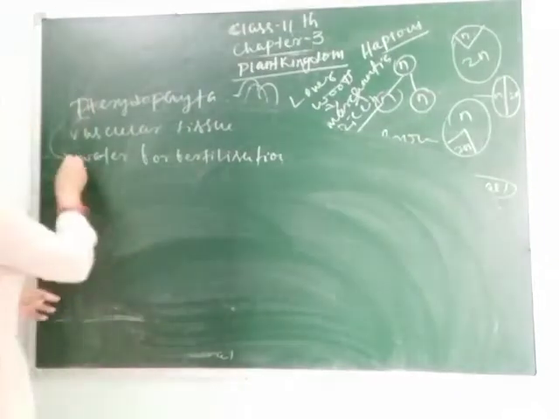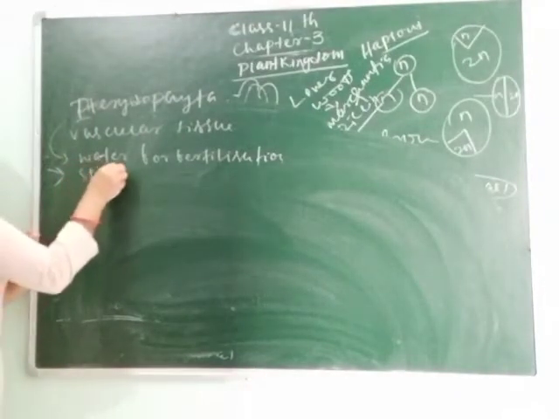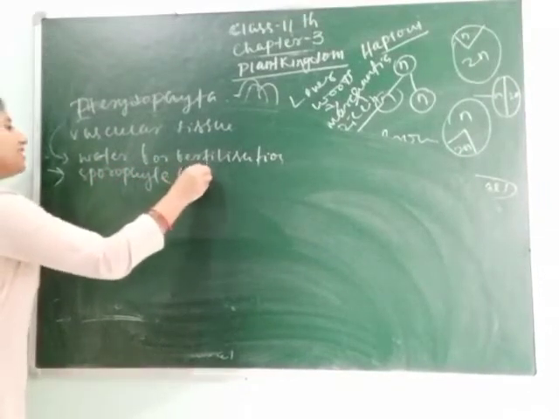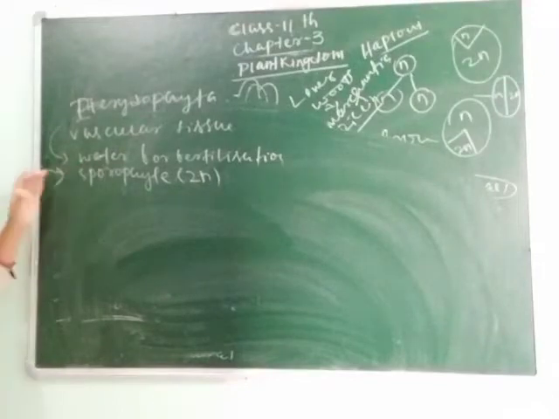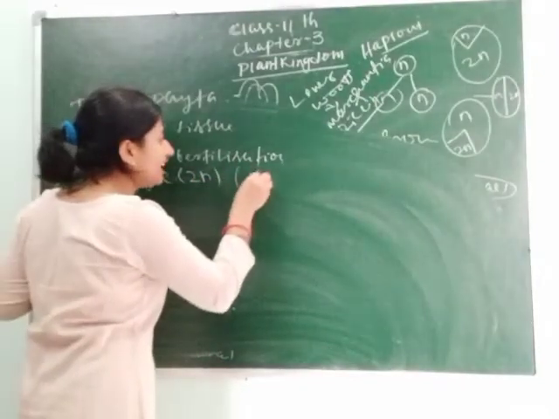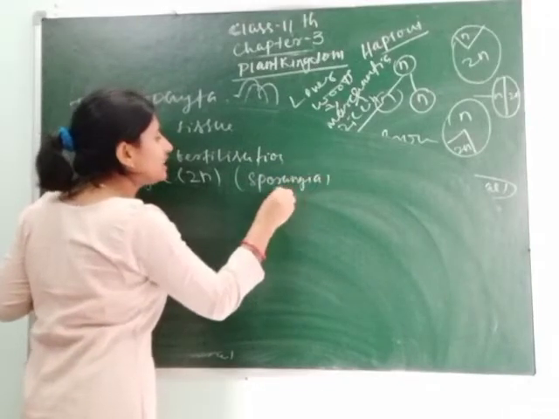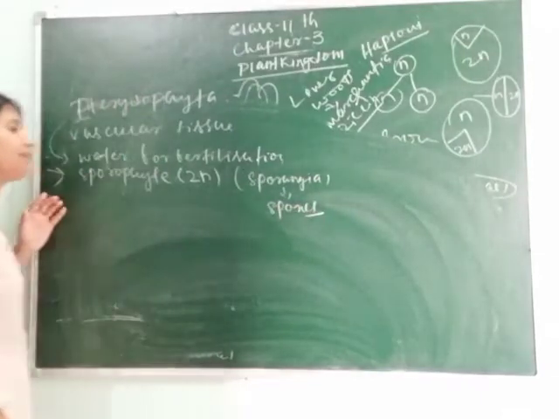Next, their dominant phase is the sporophyte. Sporophyte is the parent body, which means their dominating phase is 2N. Dominating phase 2N means most of their life cycle goes through the sporophytic phase, and sporangia are formed. Inside the sporangia spores are formed and these spores reproduce.